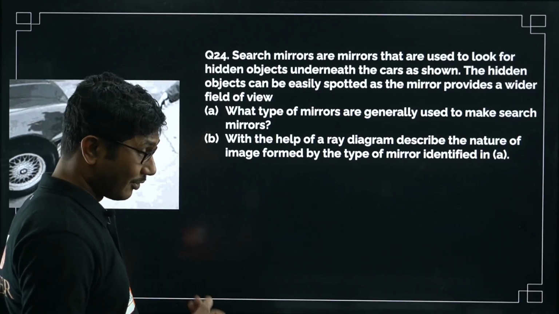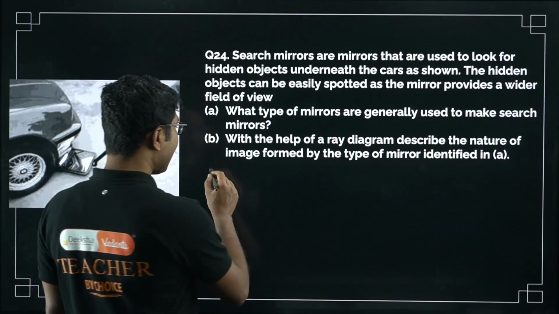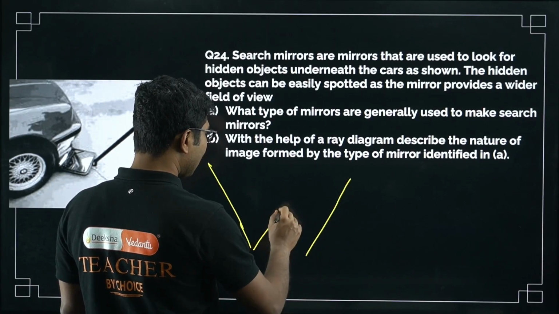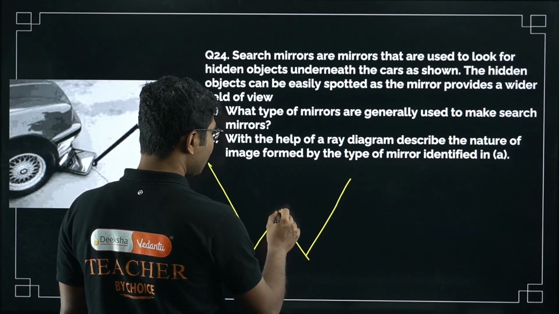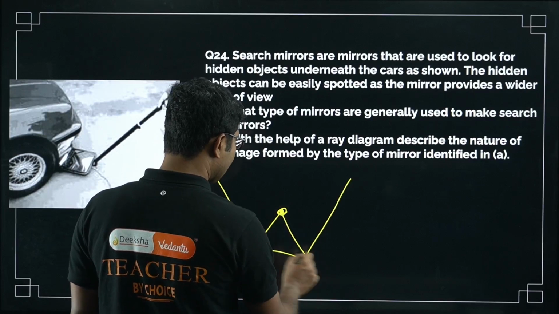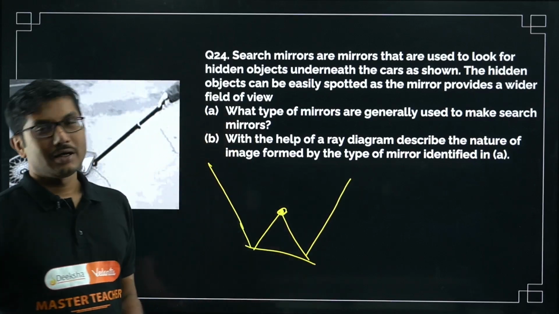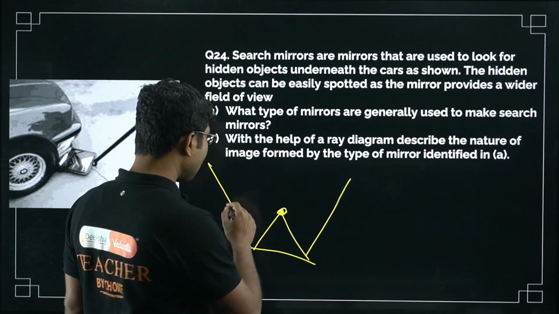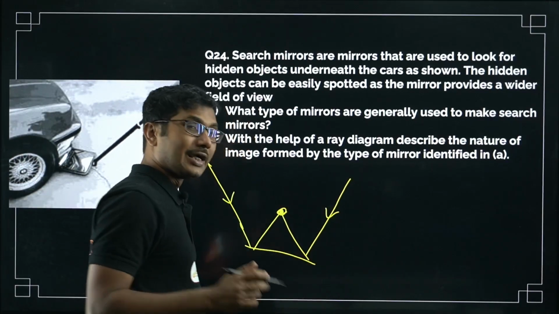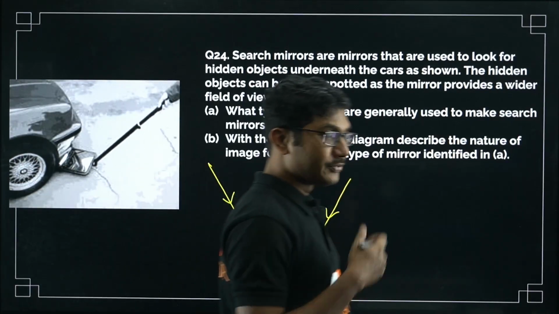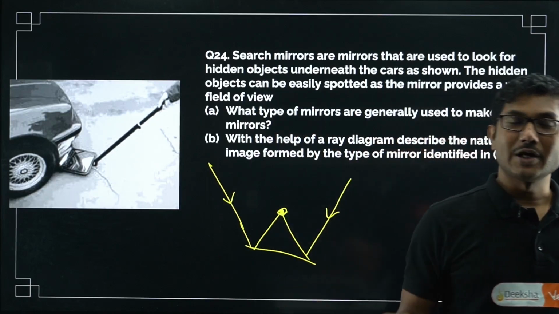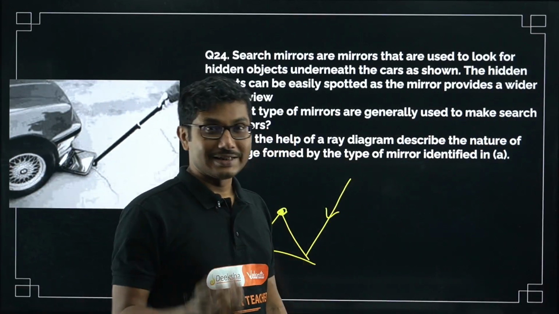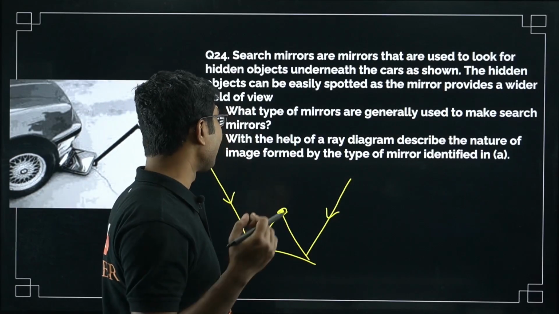So you have to remember that it can look at a wider region, and you can check the entire area using a small mirror. And it's a virtual image. Obviously you cannot see a real image with your naked eye, right. To observe a real image you have to use a screen, but in this case you are seeing a virtual image, so you have to be careful about that as well.